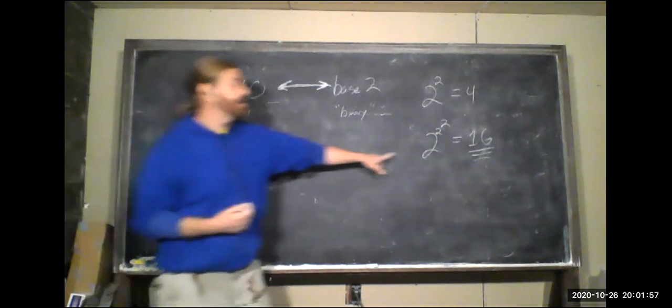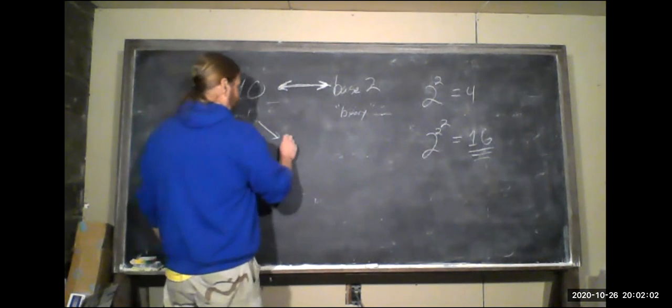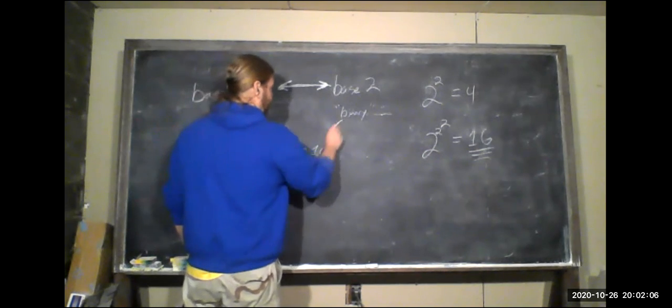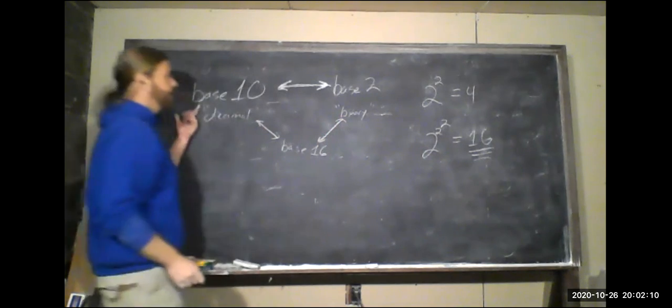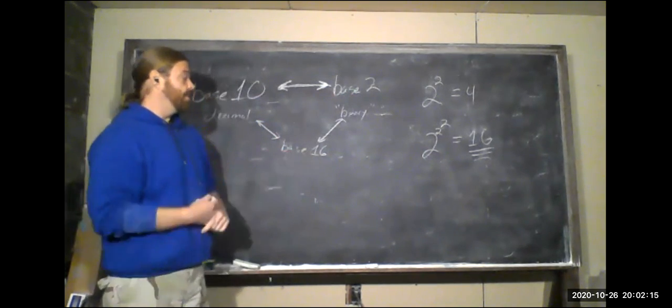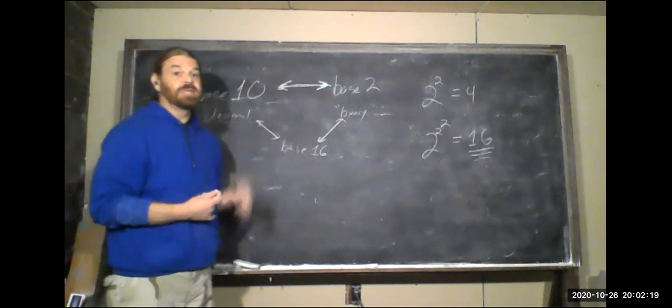So that turns out to be the best way to get between them. If we need to convert between our systems, we can use base 16, and that makes conversions a whole lot easier.